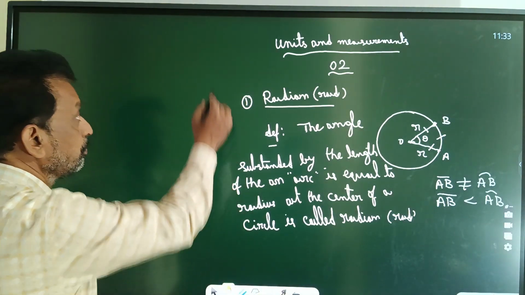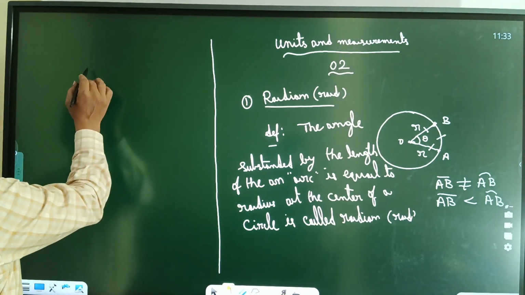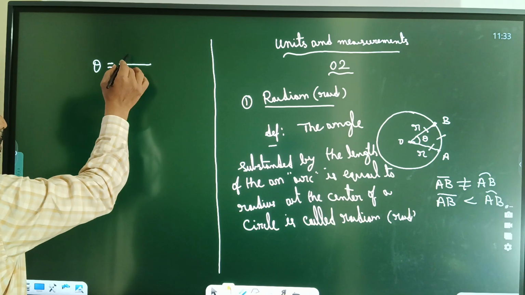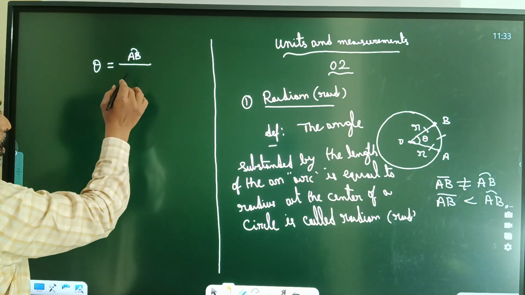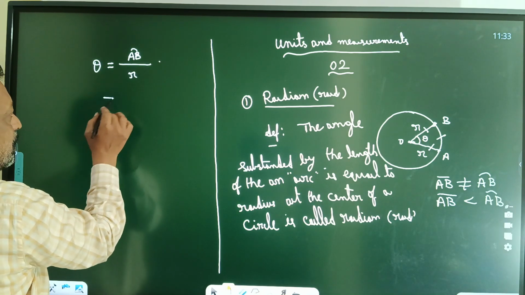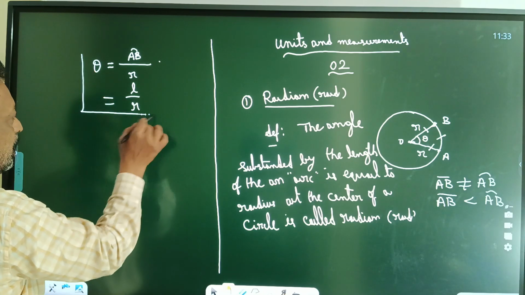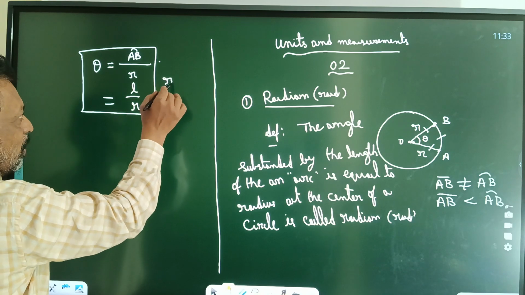Now we can say theta is equal to the length of the arc, AB arc, divided by the radius. So I can write L by R. When the arc equals the radius, it is equal to 1 rad.